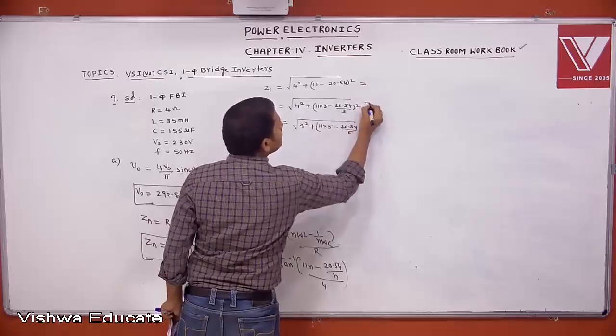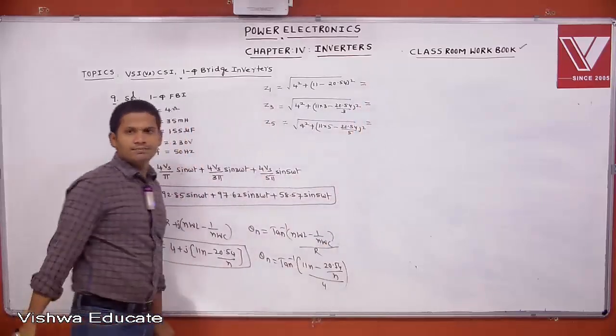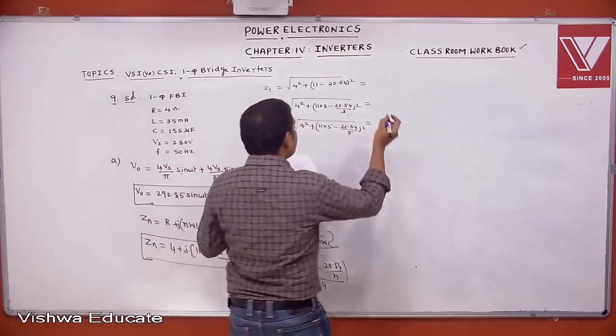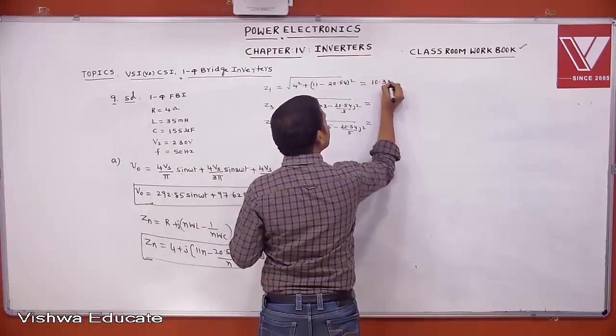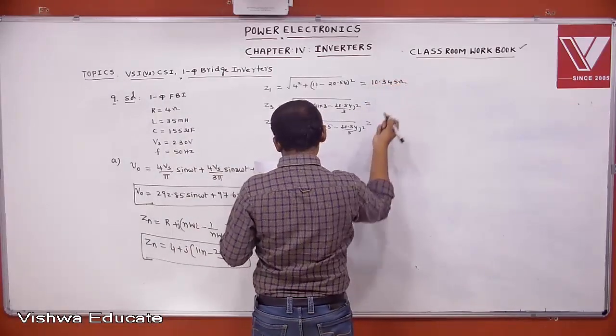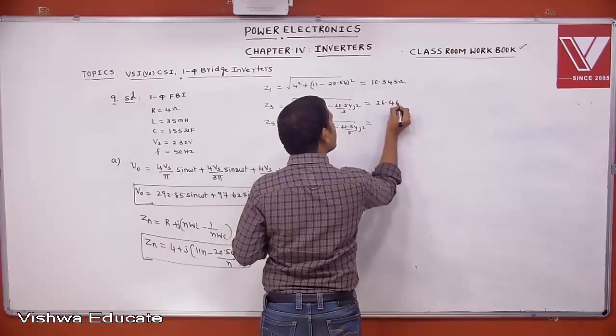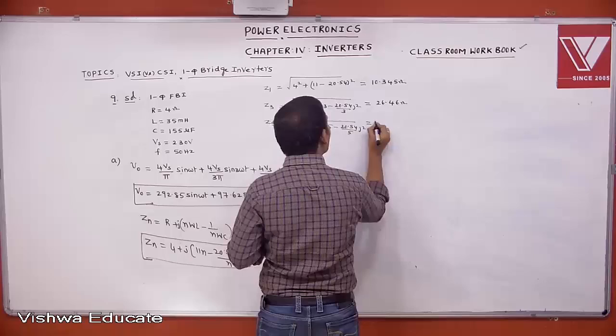This is Z1, Z3, Z5. Substituting all these, simplifying, we get 10.345 ohms, 26.46 ohms, and 51.05 ohms.